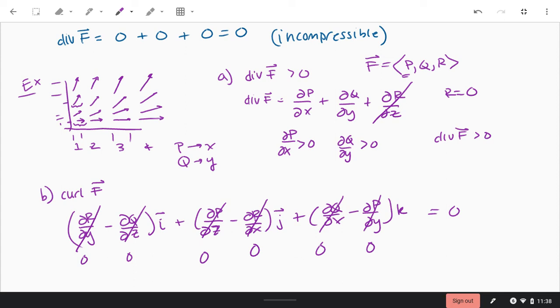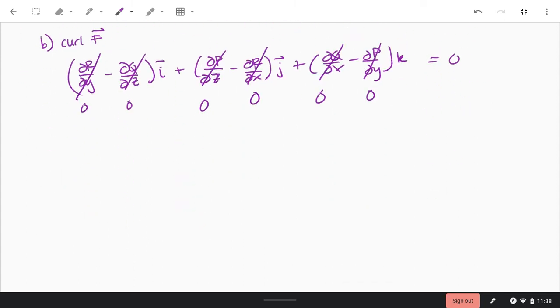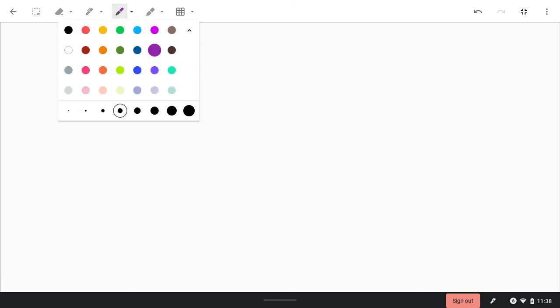We have Green's theorem with vectors. So I'm going to switch to my green pen here. The vector form of Green's theorem.